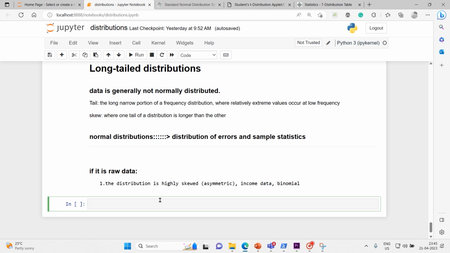So let me put it here. Student's t distribution, let us respect that guy.